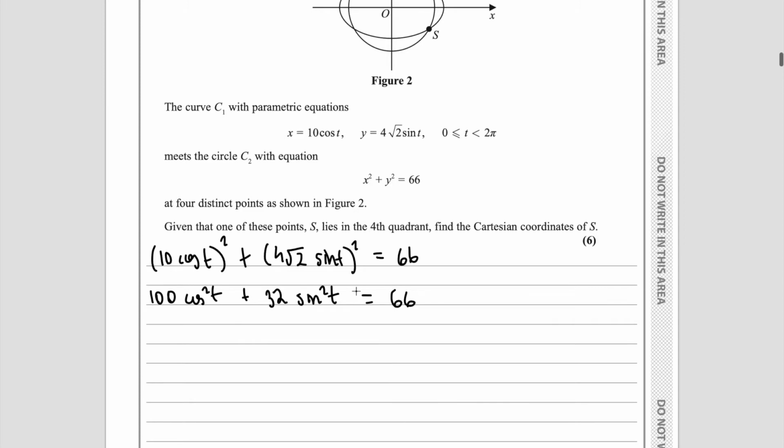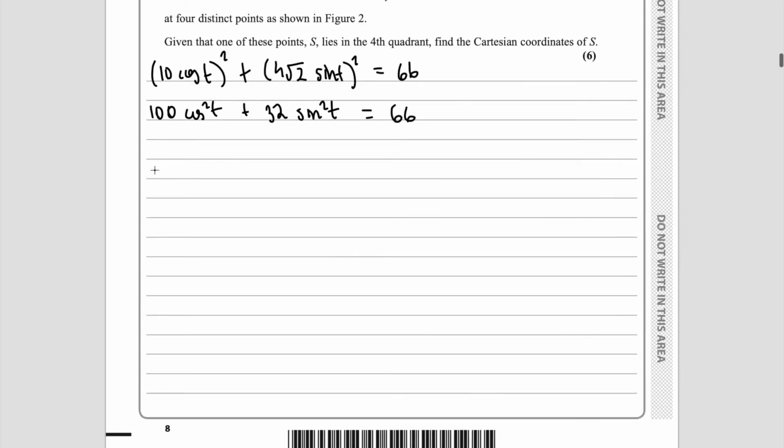Now we're going to use our most fundamental trigonometric identities, ones that at this stage you should know like the back of your hand. So we have 100 cos squared t, and we add to that 32 times 1 minus cos squared t, which as you should know is equal to sine squared t, and that's going to equal 66.